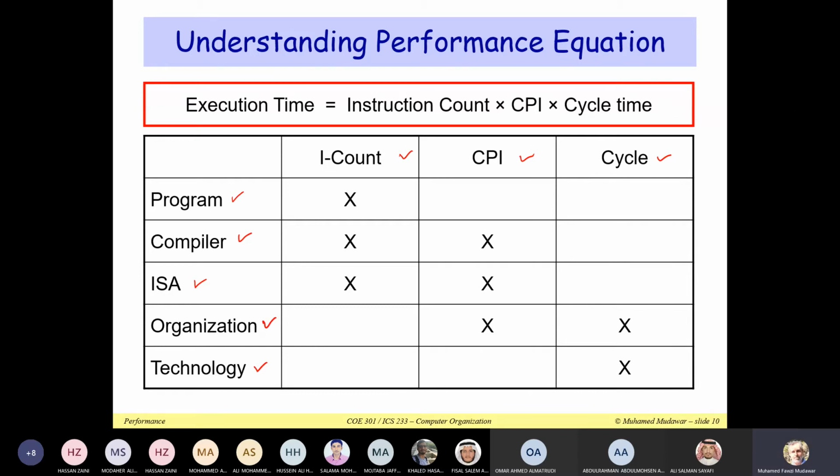Right. So if you look at the first factor, the instruction count is related to the program. Agree? So I'm putting a check here, which means that it is related to how the program is written. Now, remember the courses that you have taken about algorithms and data structures?